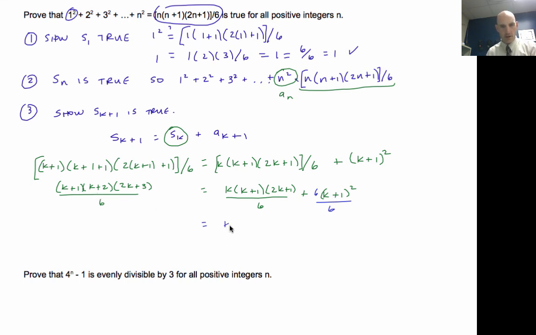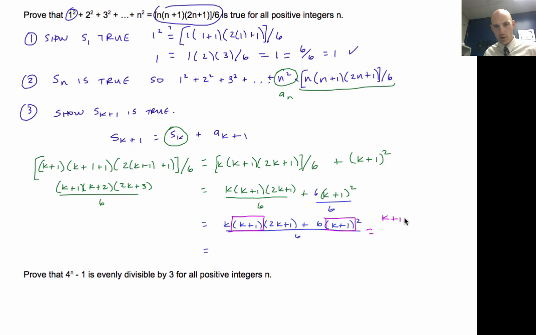So here we go. K times k plus 1 times 2k plus 1 plus 6 times k plus 1 squared, all over 6, common denominator. Watch this. I actually have an addition up here, but I have a term of k plus 1 here, and I have a term of k plus 1 here. And so what I'm going to do is factor that out.